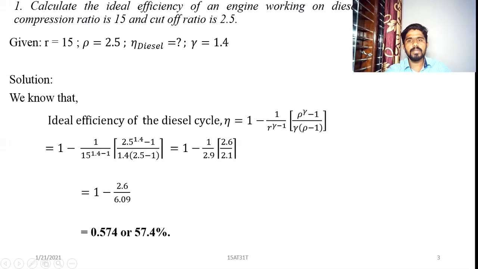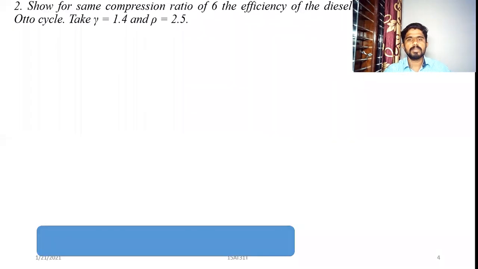Now let us solve the second problem. Show that for the same compression ratio of 6, the efficiency of the diesel cycle is less than the Otto cycle.